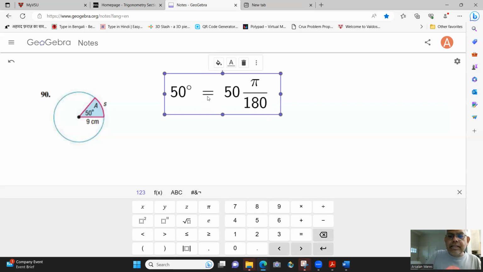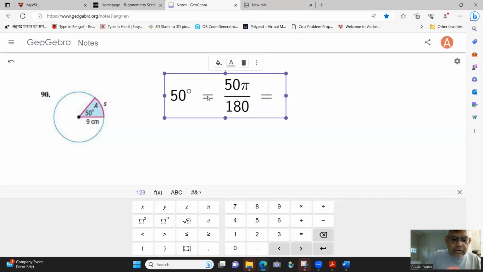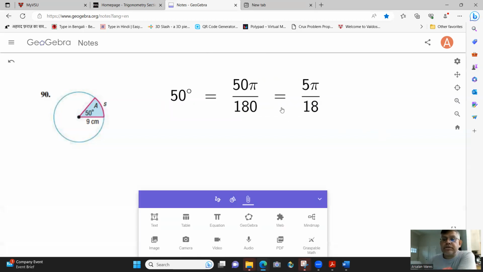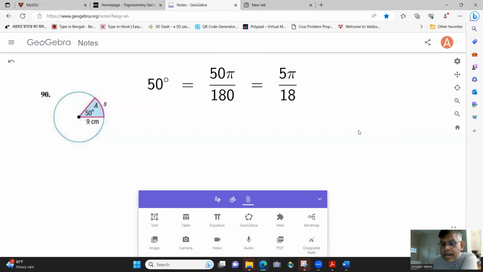Okay. And that will turn out to be 5. And you do want to practice, guys, okay? If you don't practice, you're going to get stuck. So 50 degrees is 5 pi over 18 radians. You can say 5/18 pi, however you want to say it.